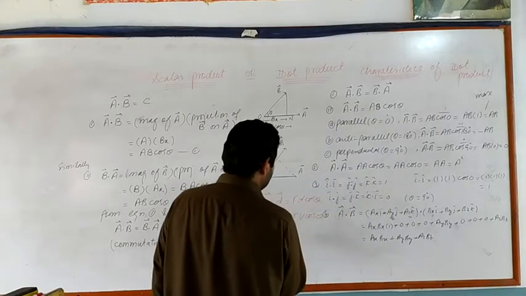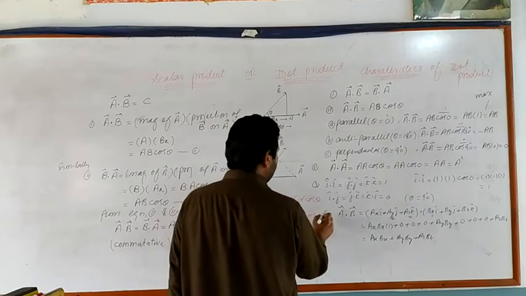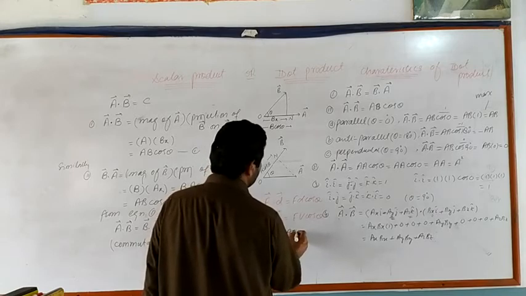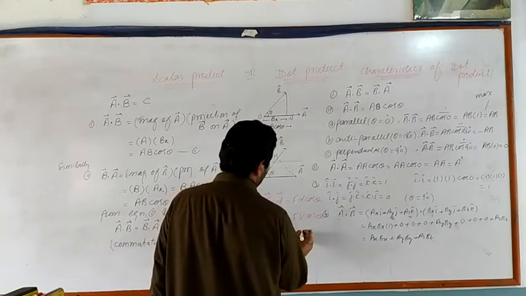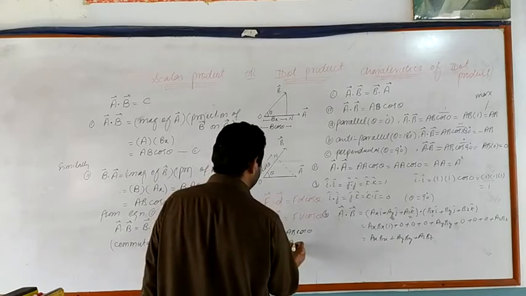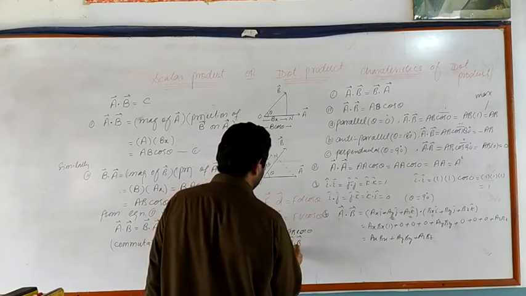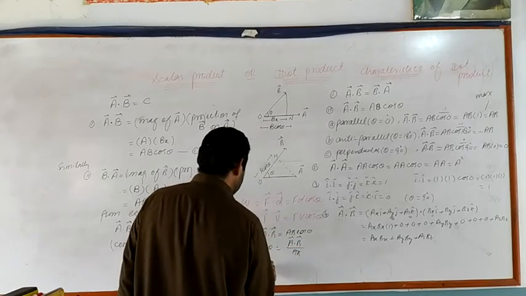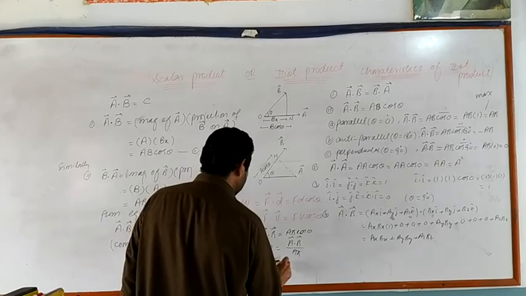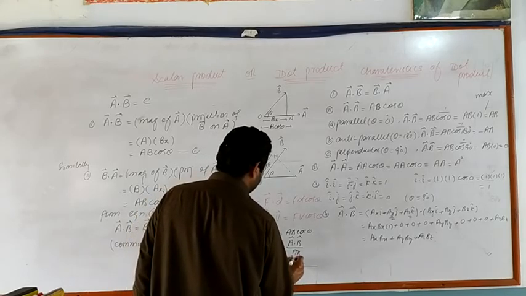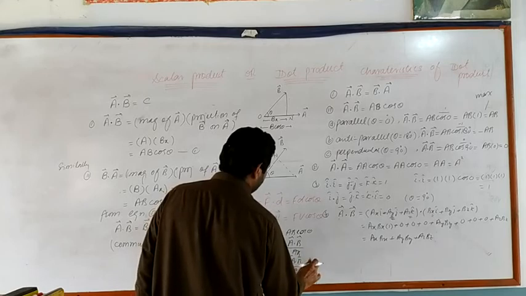Dear students, characteristic number 5: vector A dot vector B is equal to AB cos theta. We have to find cos theta, which is equal to vector A dot vector B over AB. If we want only the value of theta, the resultant will be cos inverse of vector A dot vector B over AB.